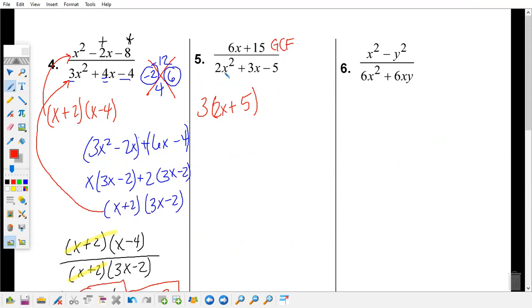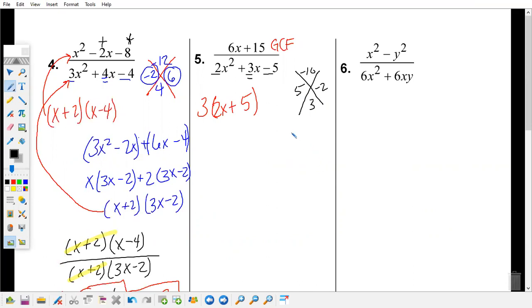Okay. Denominator, again, x box or grouping. So if you're doing x box, 2 times negative 5 is negative 10. My b is 3. So it multiplies to give me negative 10, but adds to give me 3. That would be positive 5 and negative 2.